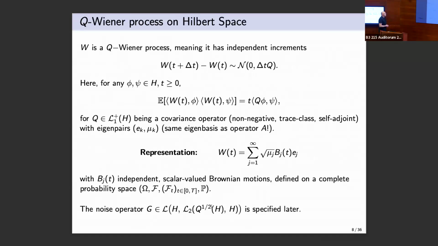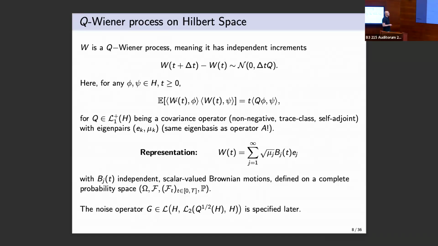And the superspace is then constructed through the closure of the original space in the weaker norm. So the noise, the driving noise in the SPDEs that we look at, are of the form called Q-Wiener processes. And it's really a direct extension of multidimensional normal distributions, so a vector in R^d, say, but here your covariance operator, instead of being a matrix, is an operator on the Hilbert space H. You can associate it to your normal random variables.